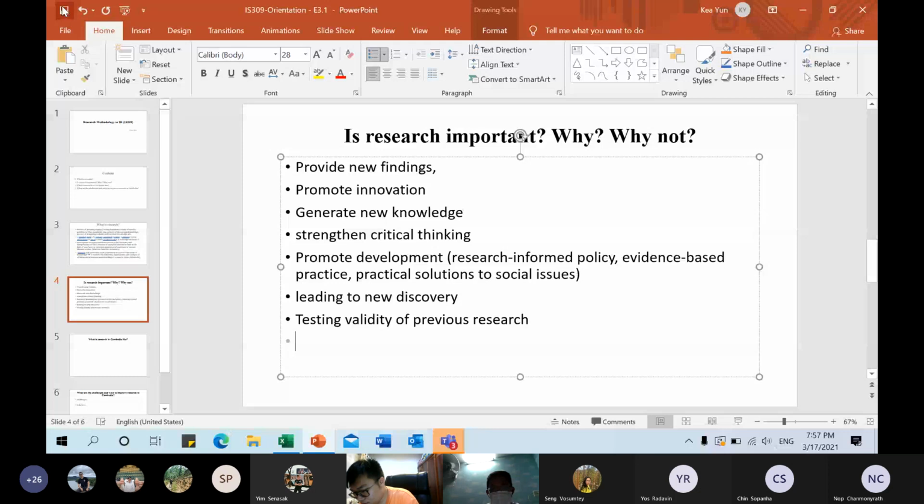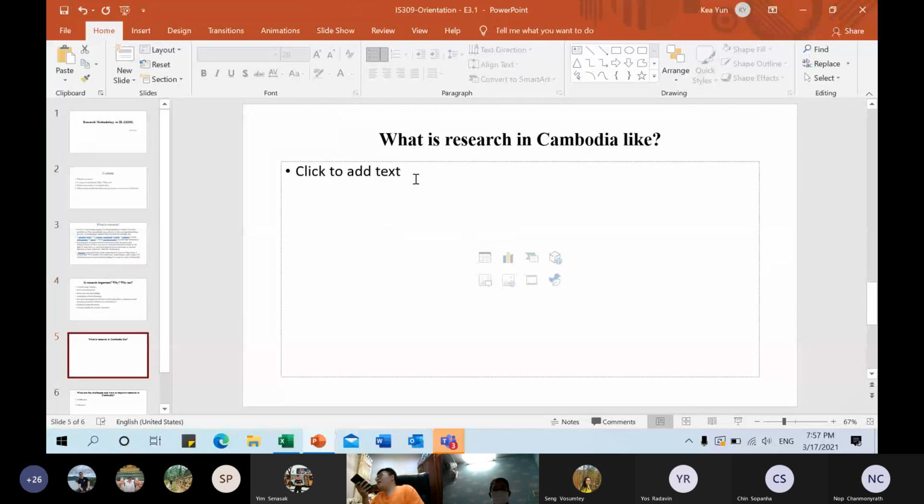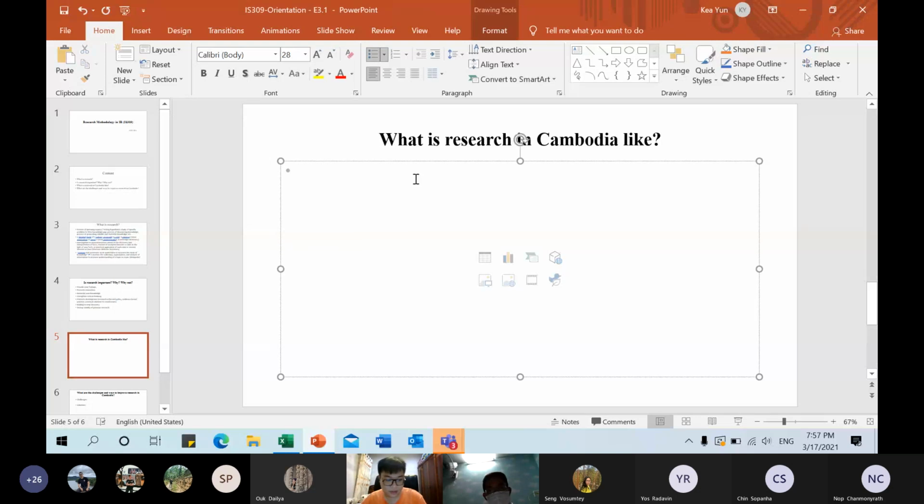How do you assess the research situation? What is your general impression about research in Cambodia? I think research in Cambodia is like the information is very limited, and most of the available sources are in a foreign language.